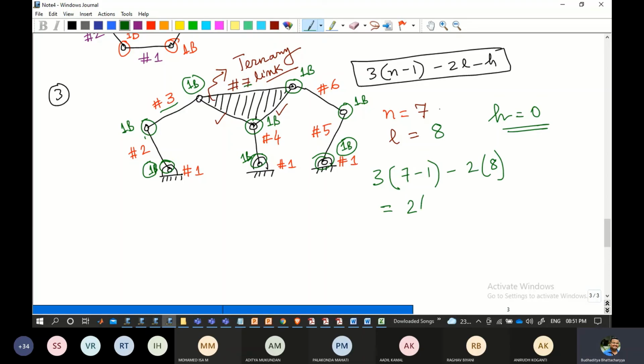So that is 18 minus 16. So it's 2. Again, the conclusion is that this particular mechanism can be movable with 2 inputs, if you are giving an input of 2.